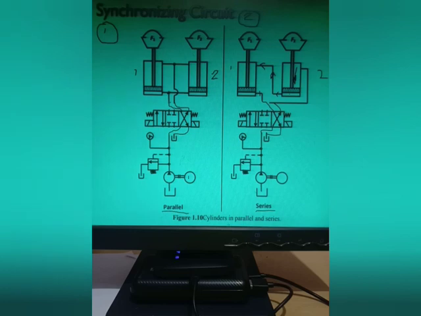So this position we can call the third position, the hold position. There will not be any movement of the actuator, because through this central position no oil will go to the actuator and no oil will come from the actuator to the reservoir. So this is the synchronizing circuit.